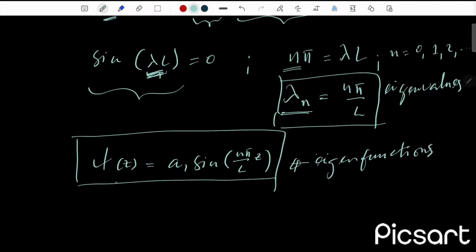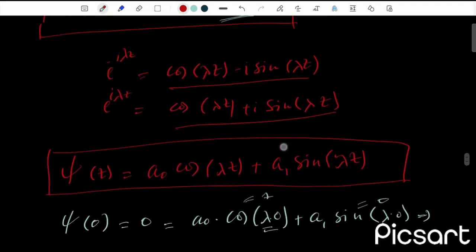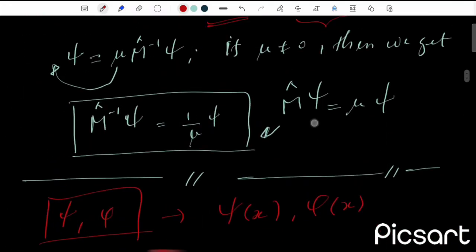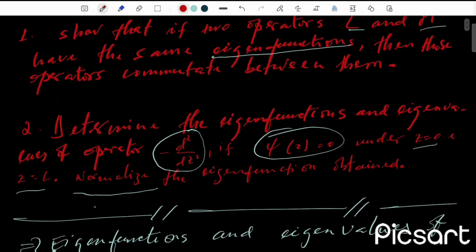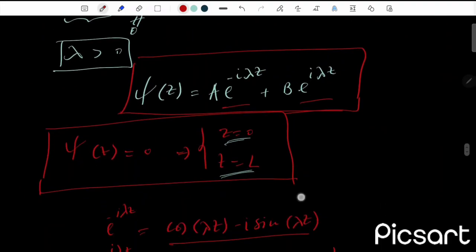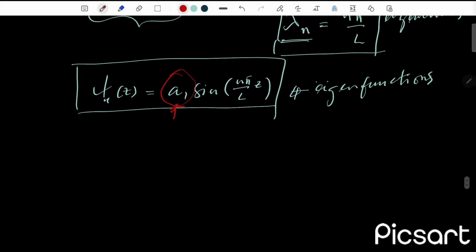We can also put here n to represent the different values of n. On the other hand, we don't know until now the a1. The a1 is the normalization constant, whose role is to normalize the eigenfunction, which means that we must obtain a specific value for this constant.